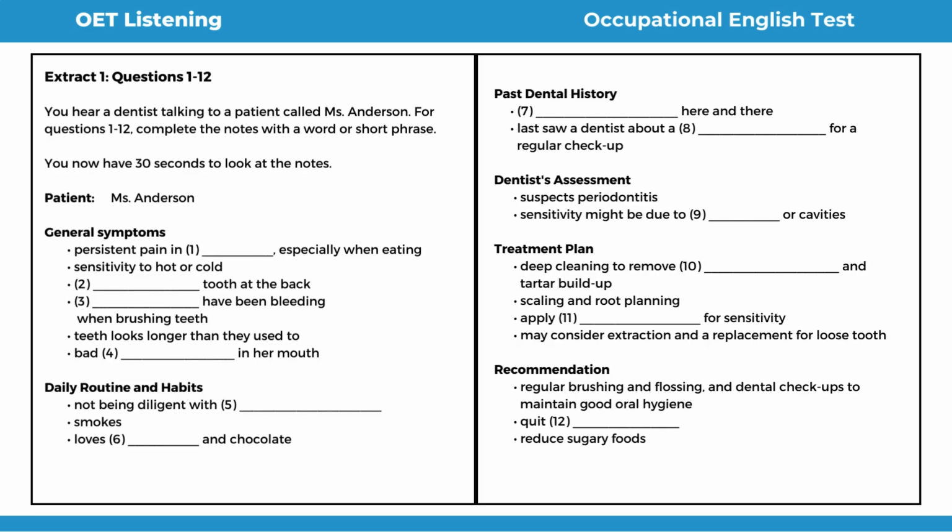Extract 1. Questions 1 to 12. You hear a dentist talking to a patient called Miss Anderson. For questions 1 to 12, complete the notes with a word or short phrase. You now have 30 seconds to look at the notes.